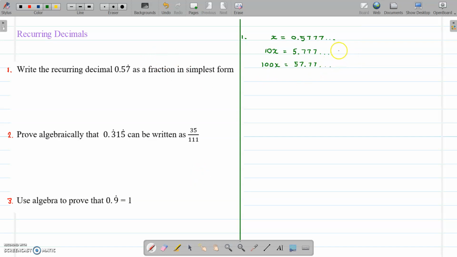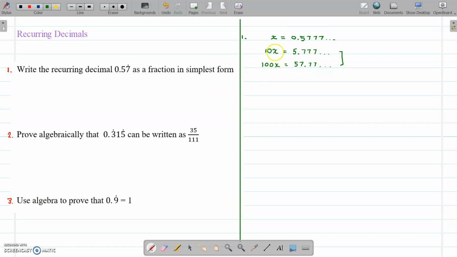I normally show a sort of a link like this when I do it. If I subtract the second row from the third row, that will eliminate the decimal part completely, because 0.777 minus 0.777 is 0. And I must do the same to the left-hand side.